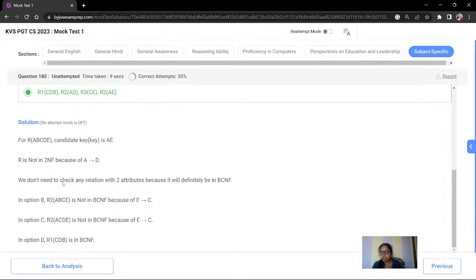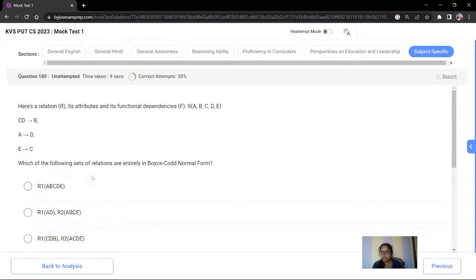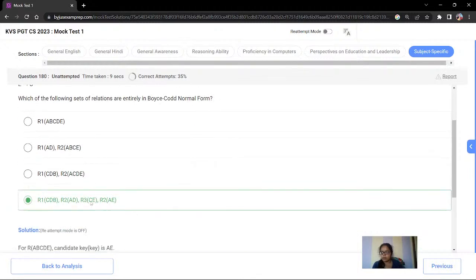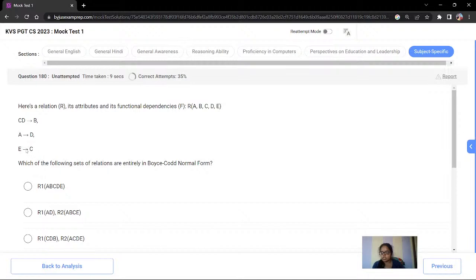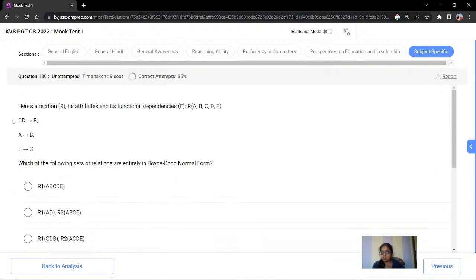So we don't need to check any two attributes in BCNF. So in the options you have to divide all the attributes. Okay, AE you have to see, AE, CE, okay, CE, then AD also, AD, then CDB. Yeah, with these you have to uniquely identify all attributes.